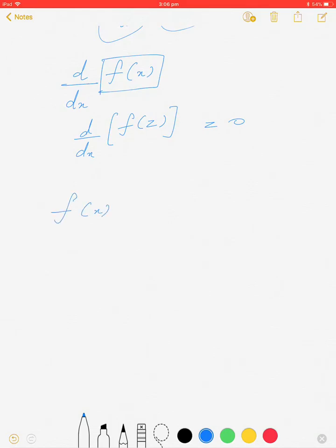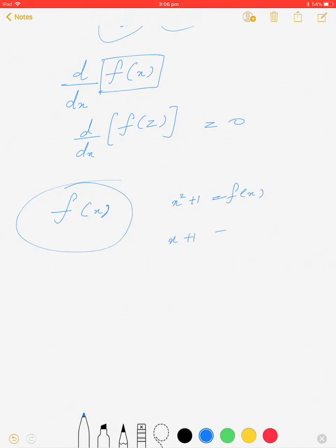F of x. Actually it seems to be simple, but this is the place where all students get stuck. This function means anything involving this variable x. For example, x squared plus 1. Yes, it's a function of x.